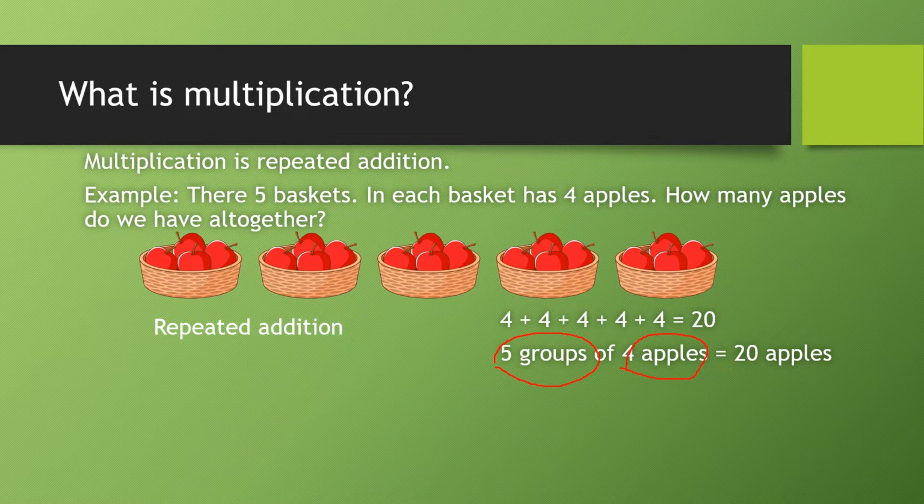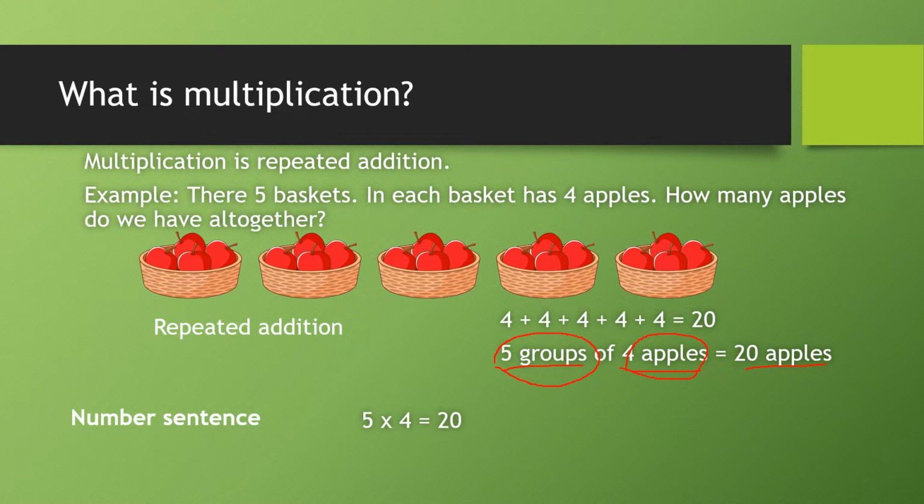Those are in baskets. 4 apples in one basket, 4 apples in the second basket, 4 apples in the third basket, 4 apples in the fourth basket, 4 apples in the fifth basket. So we have 5 groups of 4 apples. That means we have 20 apples.